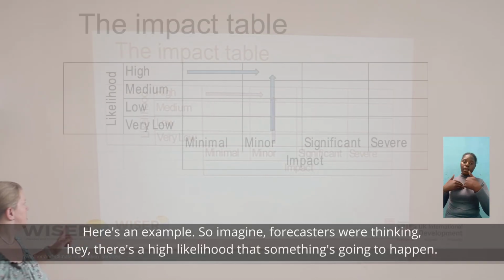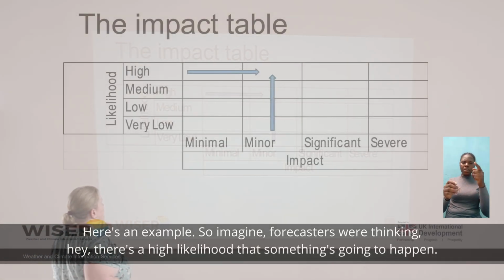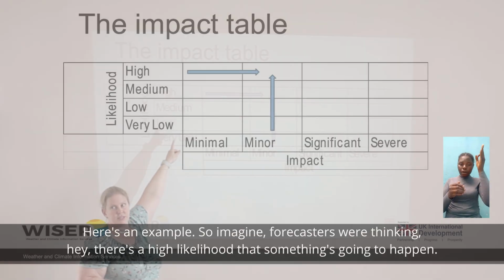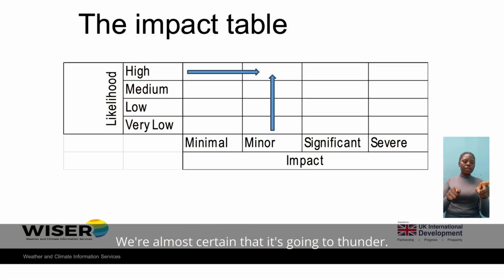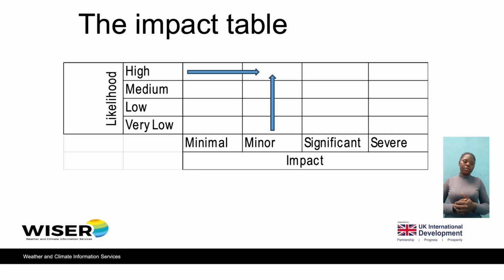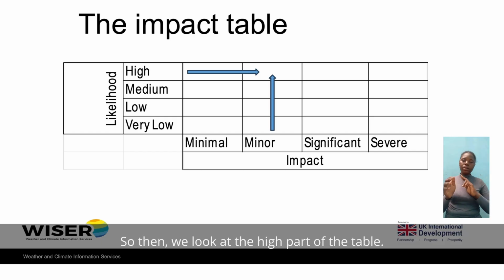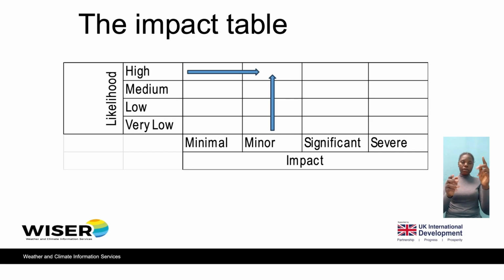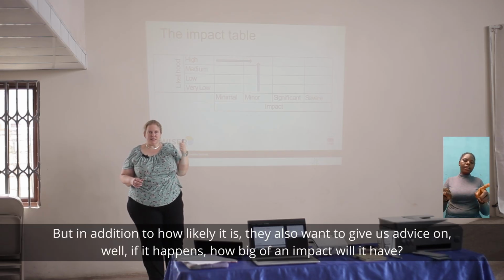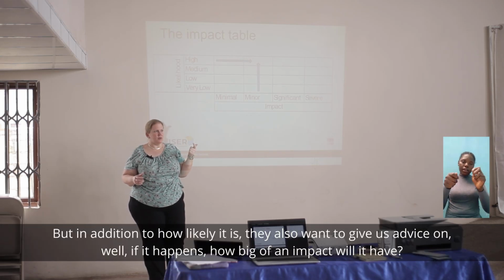Here's an example. Imagine forecasters are thinking, okay, there's a high likelihood that something's going to happen. We're almost certain that it's going to thunder. So then we look at the high part of the table. But in addition to how likely it is, they also want to give us advice on, if it happens, how big an impact will it have?